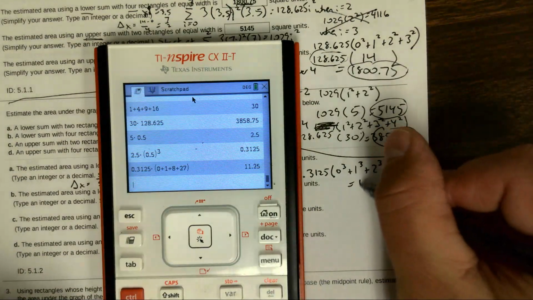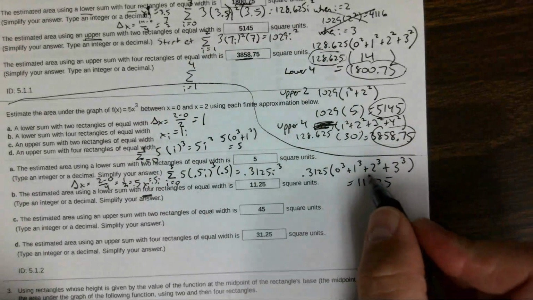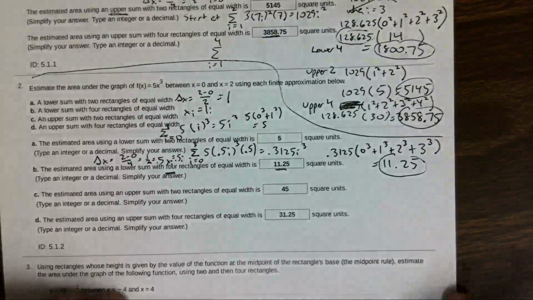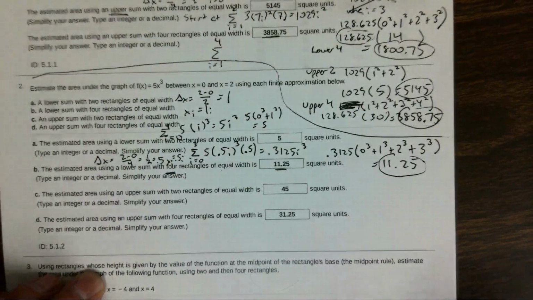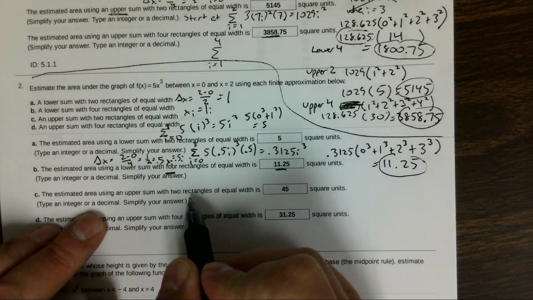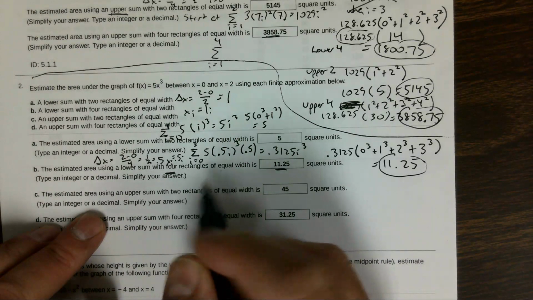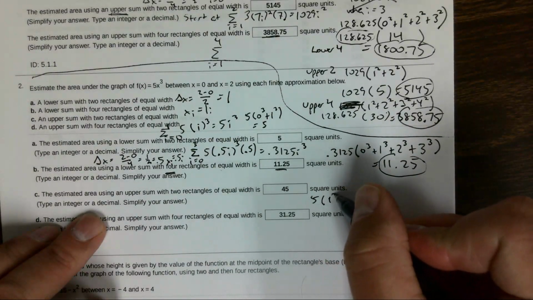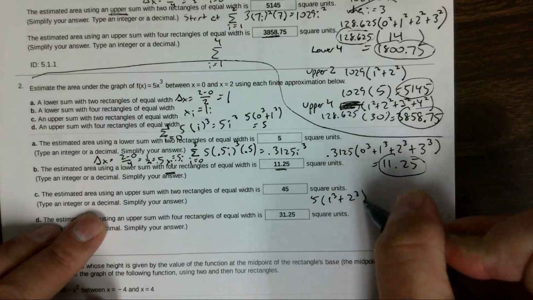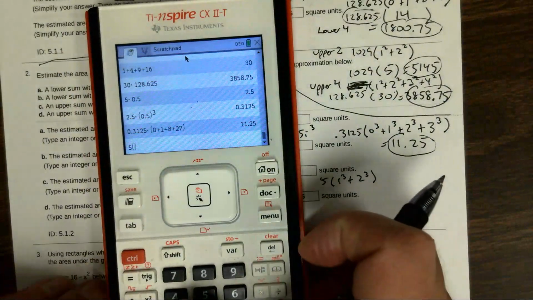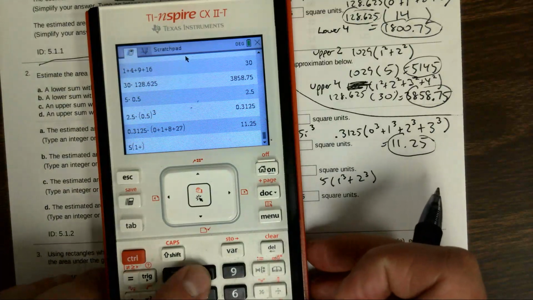And that gives us 11.25. Okay. So now for this one, for the upper with 2, we take our 5 and we go 1 cubed plus 2 cubed. 5 times 1 plus 8.